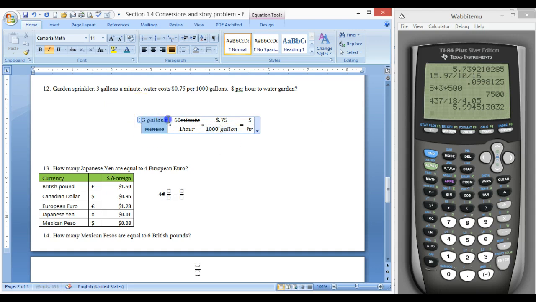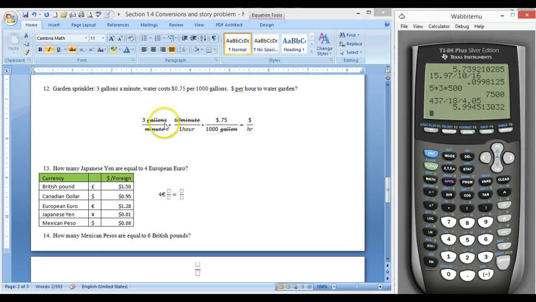And because I have gallons on the top now and gallons on the bottom, they cancel. And let's take a look. That was a lot of conversions all at once. The minutes canceled. Good. Gallons canceled. I'm left with hours and dollars, and that's exactly what I want. Dollars on the top, hours on the bottom.